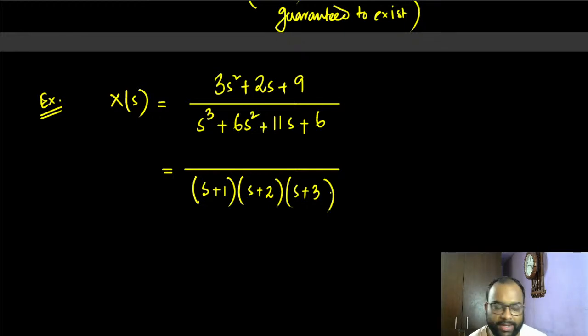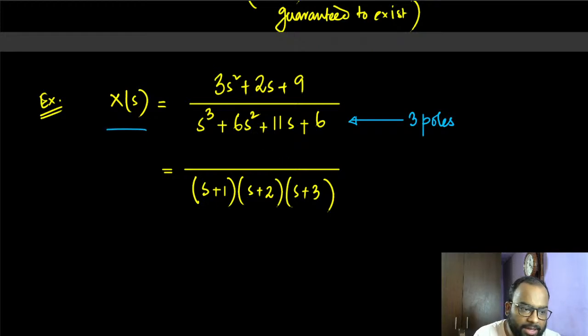The denominator gets factorized as (s+1)(s+2)(s+3). So this system has 3 poles. There are 3 values of s for which X(s) is going to get an infinite value. Forget the numerator for now, I don't care right now.